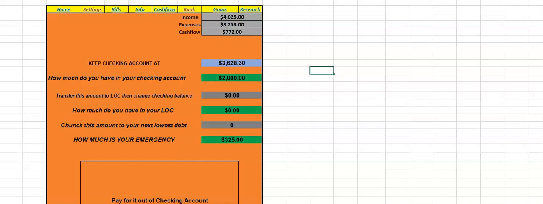On the day that you chose to pay your bills, whether Thursday, Sunday, Monday, you just come in here, and you'll enter your amount first, $7,000. It's going to tell you to transfer $3,371 to your line of credit. You transfer that to your line of credit, and it doesn't tell you to chunk any.